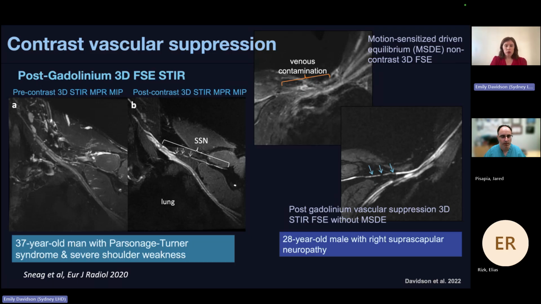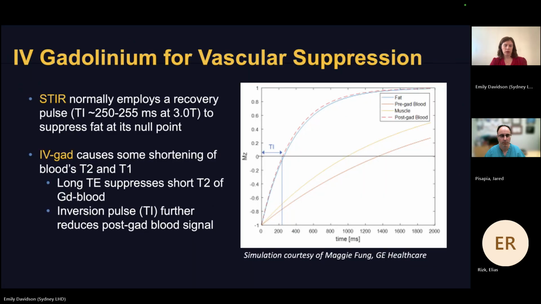So contrast I use for vascular suppression in cases where there's contamination, and then in cases of tumor where we're looking for tumor enhancement. But for general nerve pathology, trauma, neuromas, Parsonage-Turner, we don't really need contrast at all to make the diagnosis. And this is just an example of how it works.